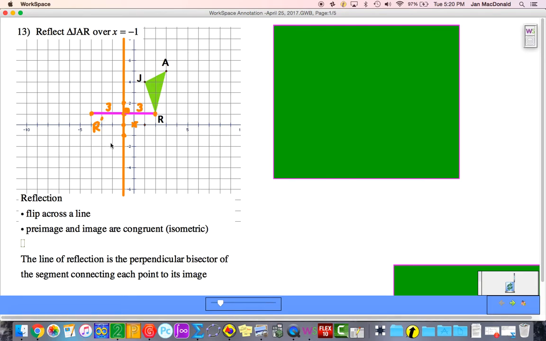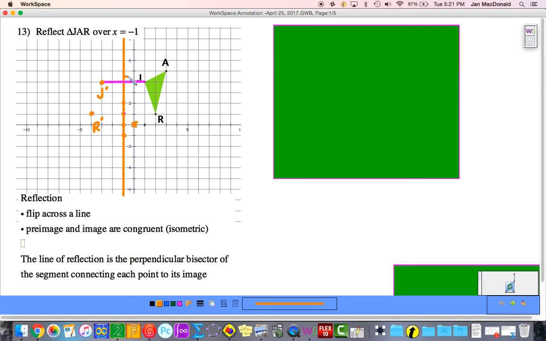I'm going to move on and reflect the next point, J. Again, the only type of line that would be perpendicular to a vertical line is a horizontal line. This horizontal line needs to connect J to J prime, and not only does it have to connect them, it has to bisect them. So J prime has to be right here.